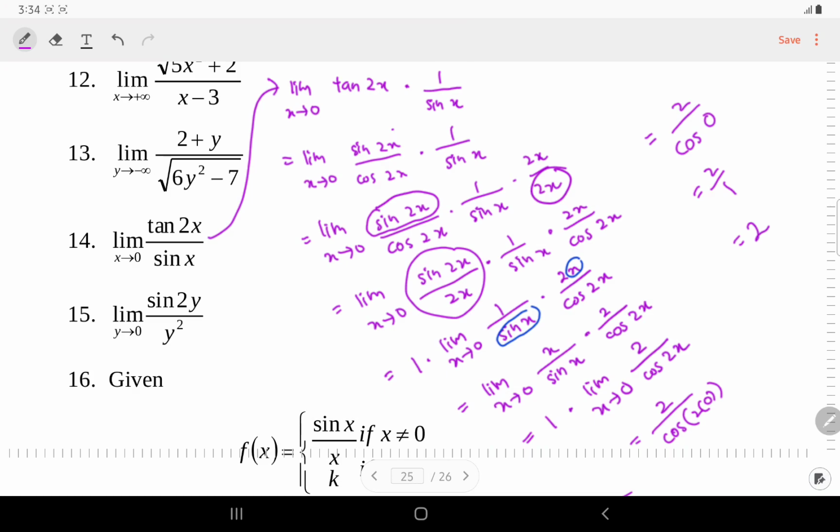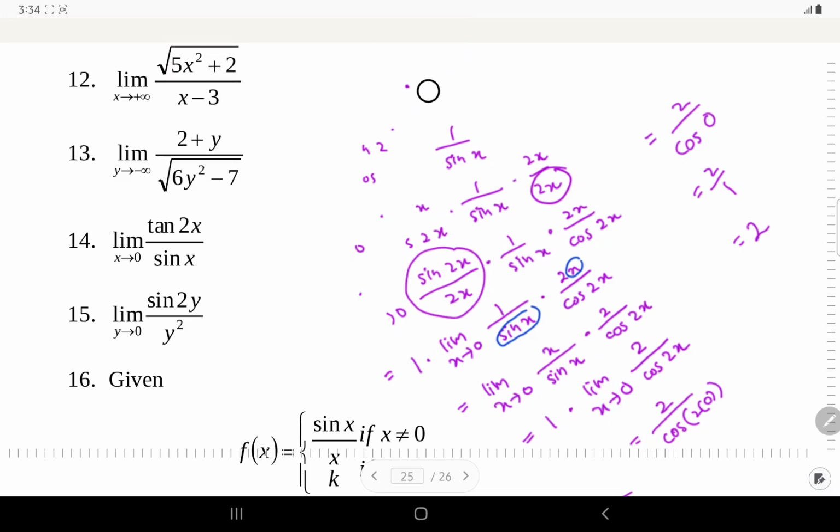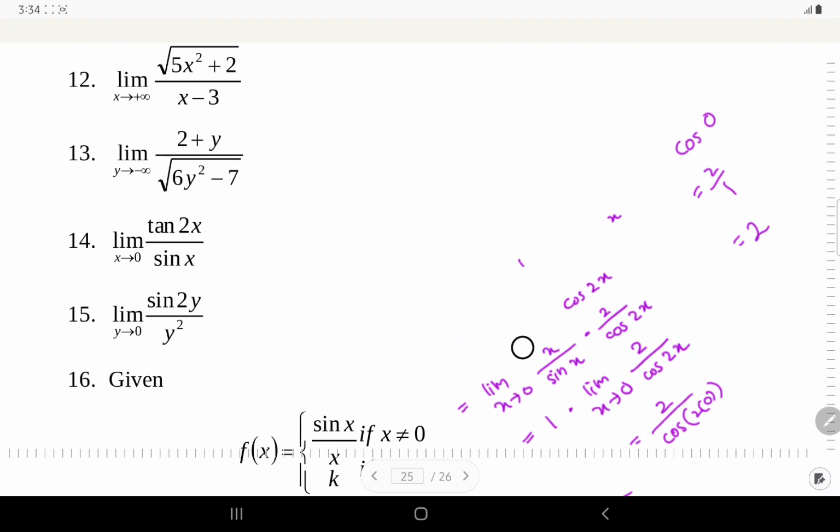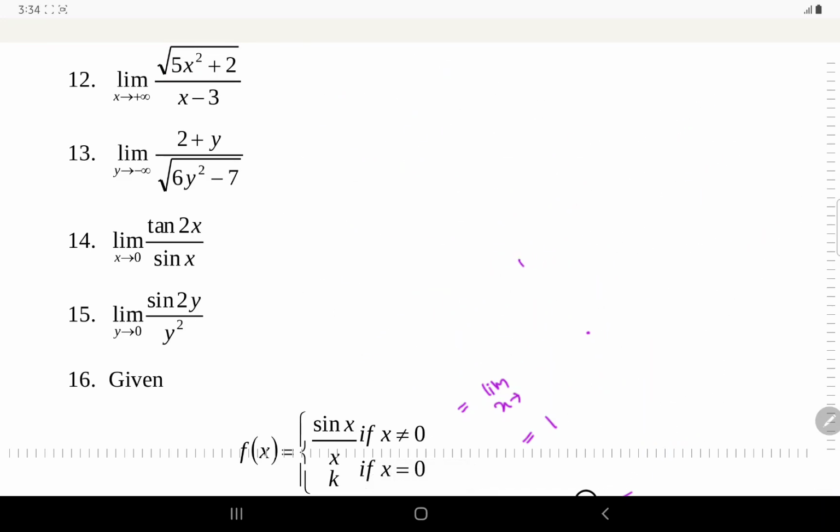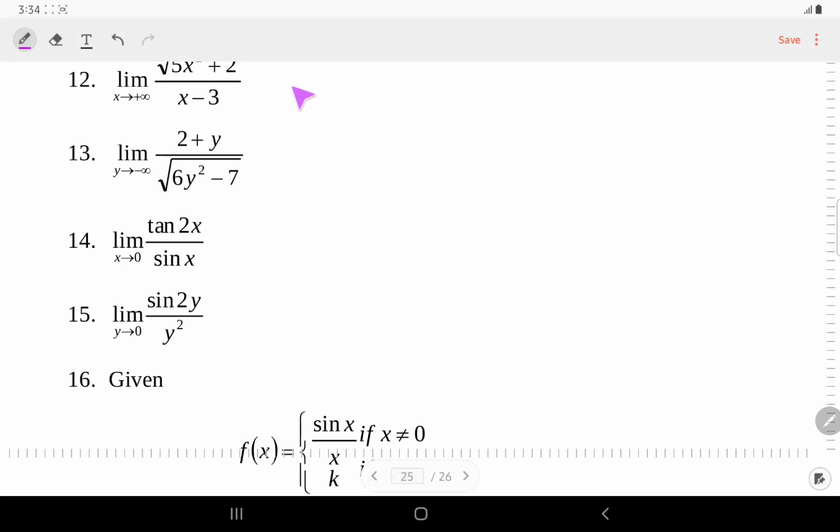Okay, next for question number 15. Limit y tends to 0 sin 2y divided by y square.